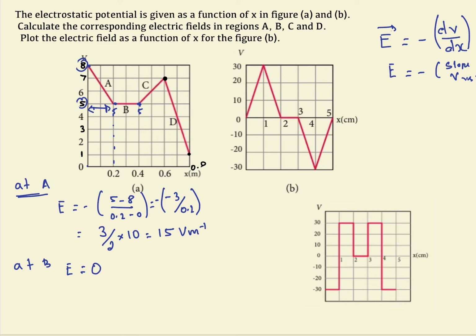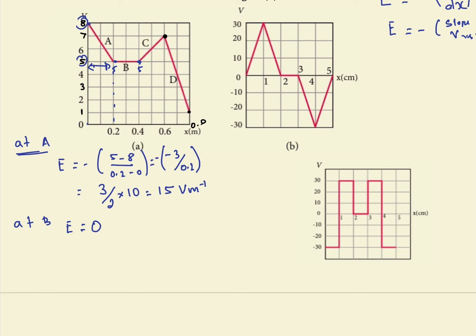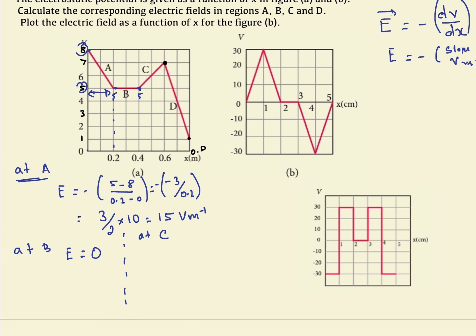So this is the second. Now C. You just observe the graph at point C. Again, what I need is two points, on the y axis and x axis. Here the final is 7 minus 5, so 7 minus 5 is 2, that is the change in potential along the y axis.